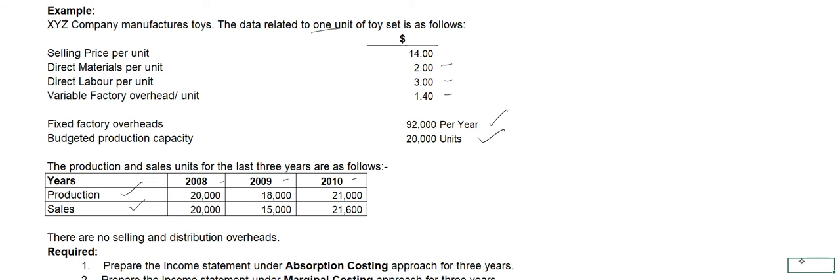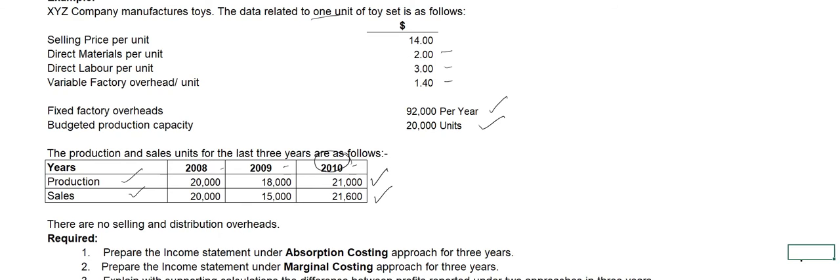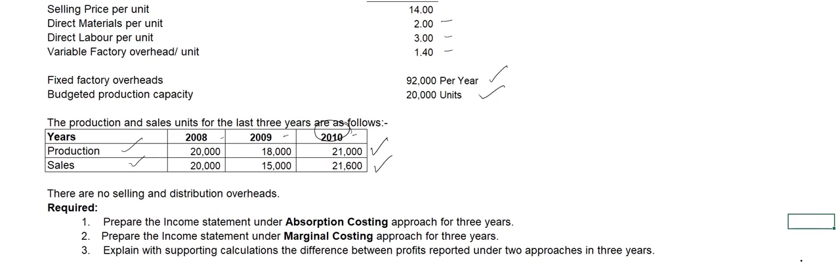In 2008 the production is 20,000, and sales quantities are also 20,000. In 2009 produced 18,000 units, however sold 15,000 units. In 2010 produced 21,000 and sold 21,600. So this is the basic information you are given. Okay, so what are the requirements?